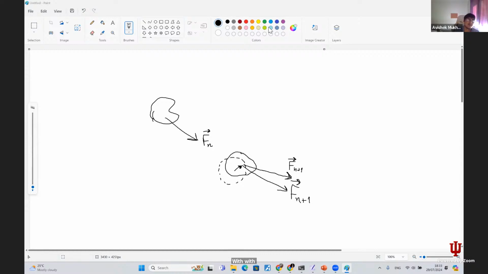So if I am in the current state and a force Fn+1 is applied, and there is also a small perturbation with a probability of beta, then the total force will be 1 minus beta of the previous one, plus beta times the perturbation. Exactly. Yes. That's it. It's a perturbation, and in this case, the perturbation comes from the displacement.